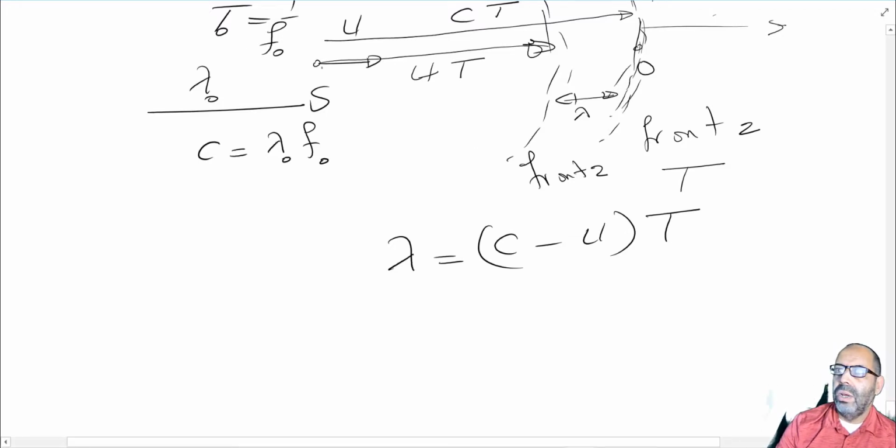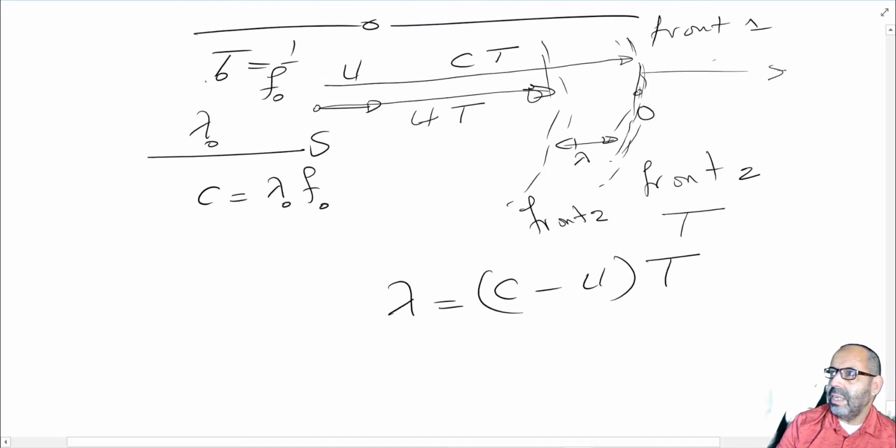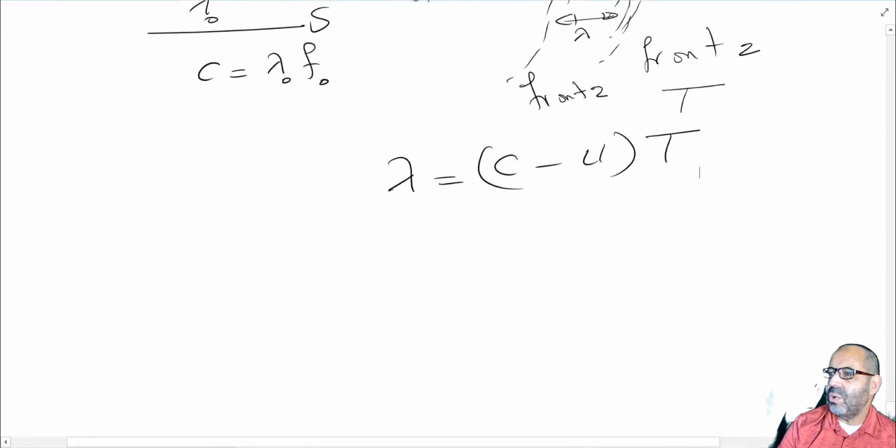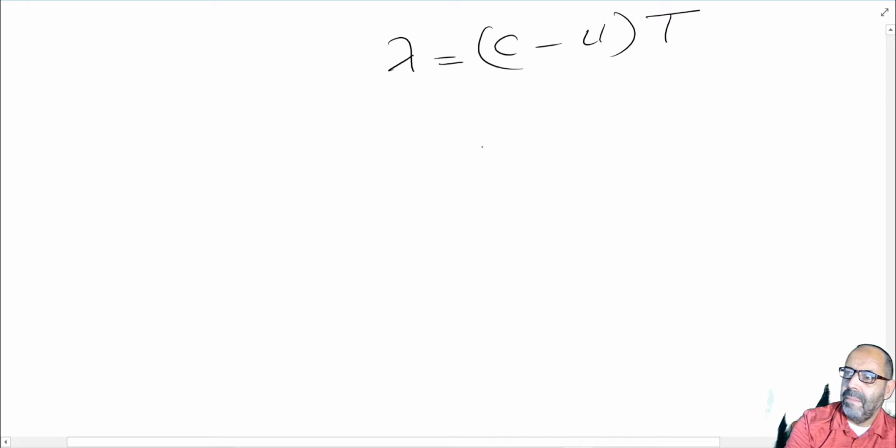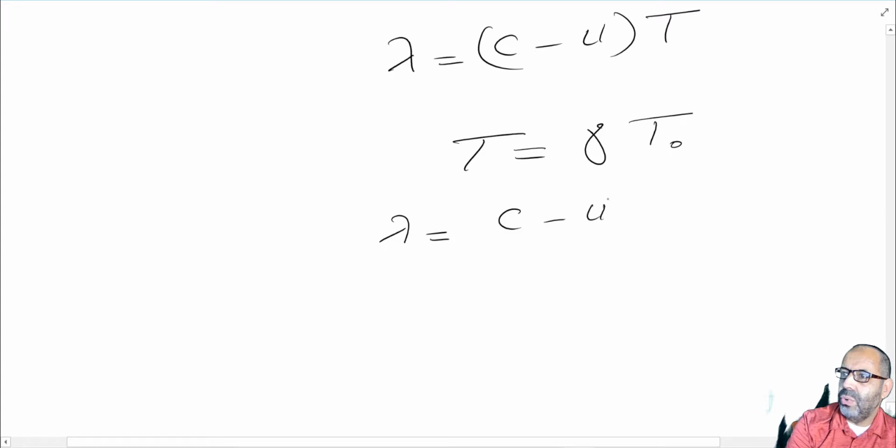But the t naught in here is the time in this moving frame at the velocity u. So t and t naught must be related through this relationship: T must be equal to gamma t naught. Having said that, this wavelength must be equal to c minus u times gamma times t naught.